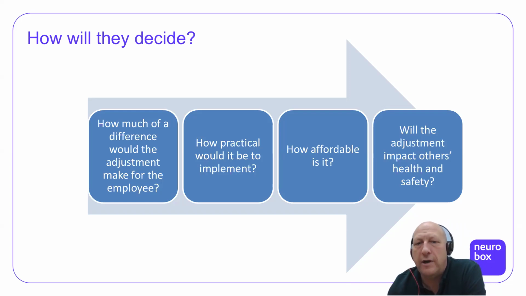And the other consideration that we also have to take into account on this question is that in this country, we are lucky enough to have an Access to Work fund. Access to Work exists to help employers with the cost of reasonable adjustments. So again, with that in mind, that affordability bar is quite high. Okay.